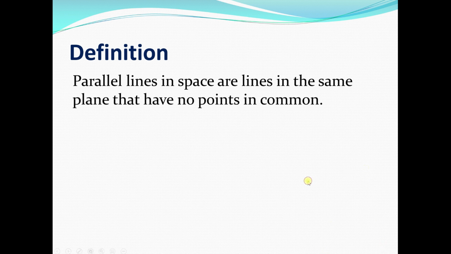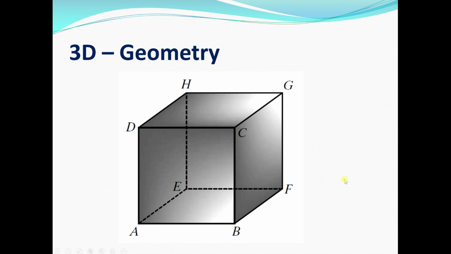So let's look at an example. Let's say you have a cube. Which sets of segments are parallel in this case? Well, one example is segment HG, which is parallel to segment CD, because they lie in the same plane. What about segment HG and segment AB?